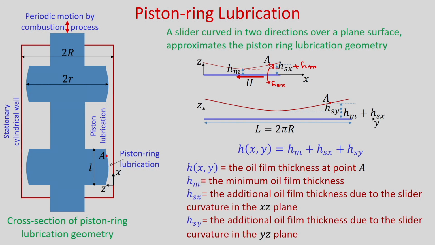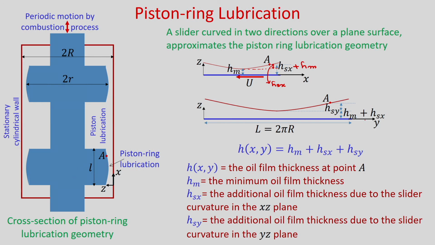So the total distance of A from here is hsx plus the minimum thickness hm. Now, if you unfold this cylindrical surface, you will get the ring surface, with the point A here and this the cylindrical wall. z is in the perpendicular direction, and along this is y, because y is in the circumferential direction.